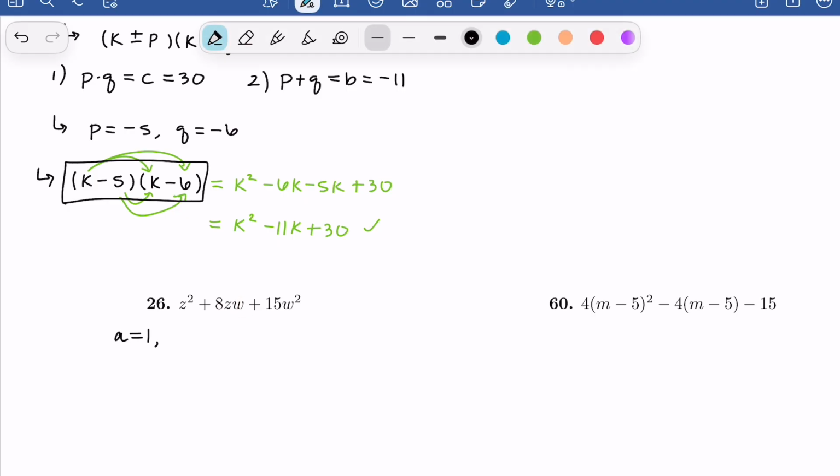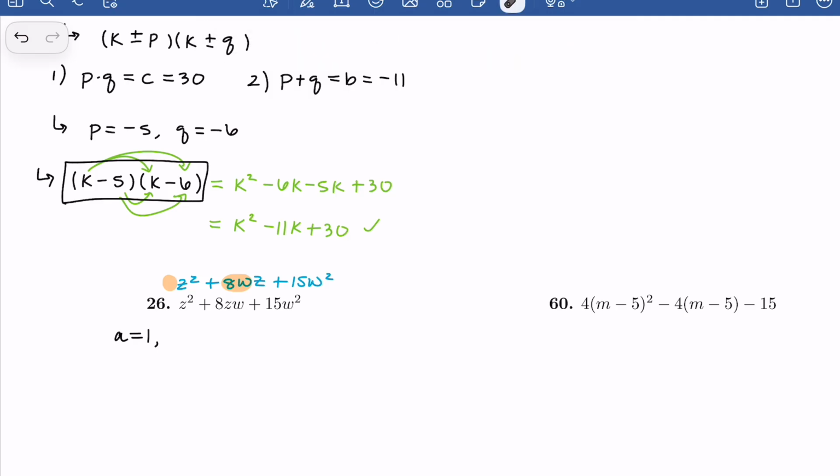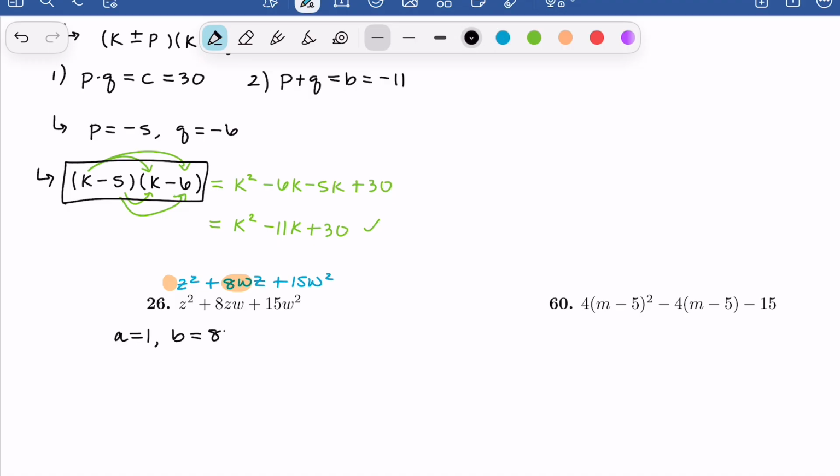Another way that we could write this is z squared plus 8wz plus 15w squared. Anything in front of these guys, this would be our a, this would be our b, and the whole thing would be our c. I kind of jumped ahead there. Our b value in this case would be 8w, and our c would be 15w squared.